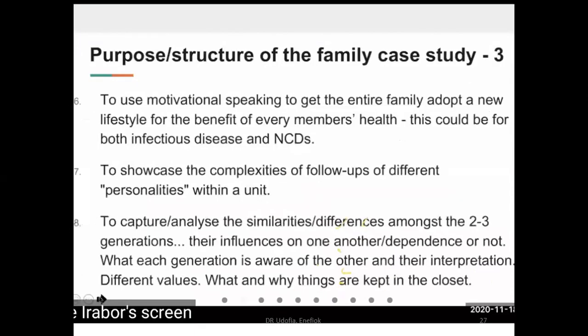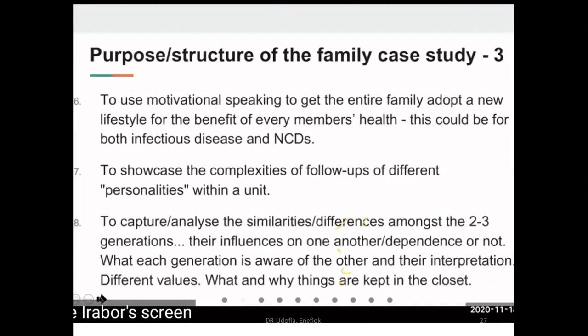Purpose and structure still. To use motivational speaking to get the entire family to adopt a new lifestyle for the benefit of members, especially in non-communicable disease like hypertension. If you talk to the whole family, let them know that, look, there is a familial tendency for it, and modification of food for the patient will also mean modification for the family.